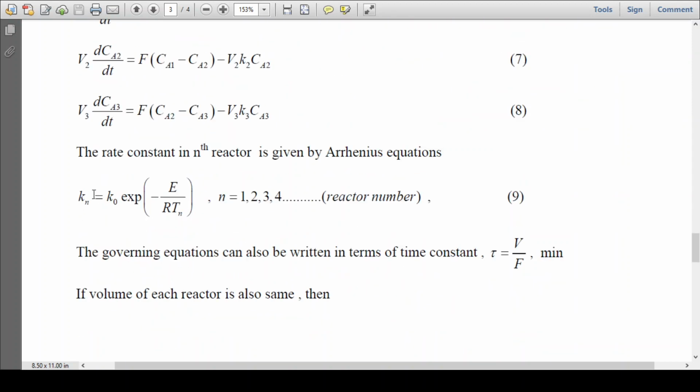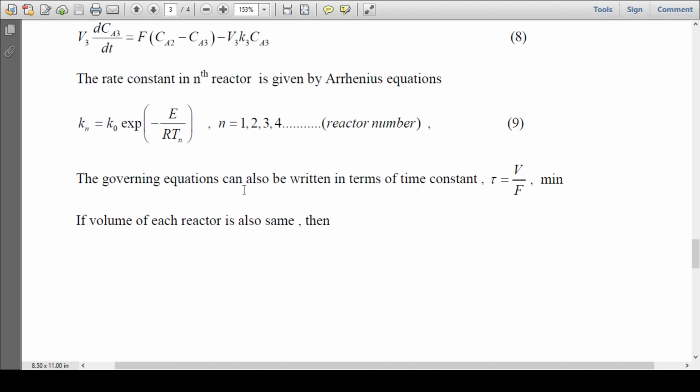Now the rate constant can be calculated from the Arrhenius equation: Kn equals K0 exponential of minus E upon RT, where n can change for any number of reactors, from 1 to 3, 4. Now the governing equations can be written in terms of time constants.